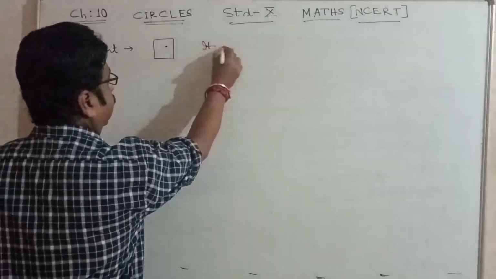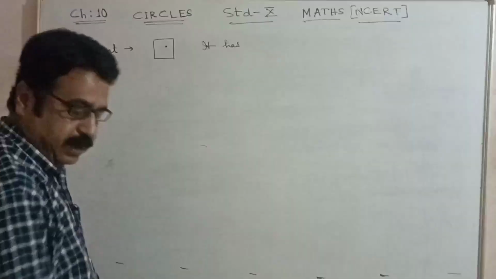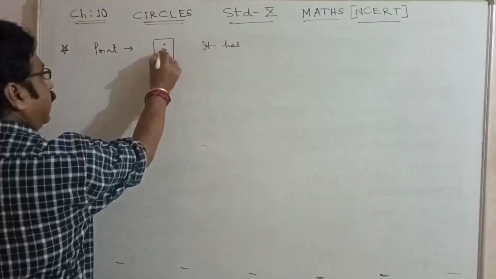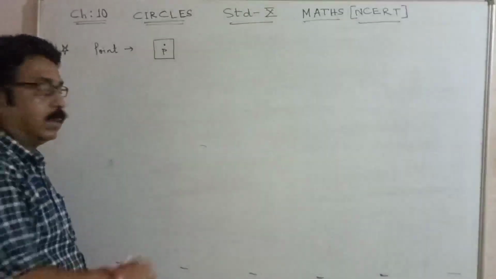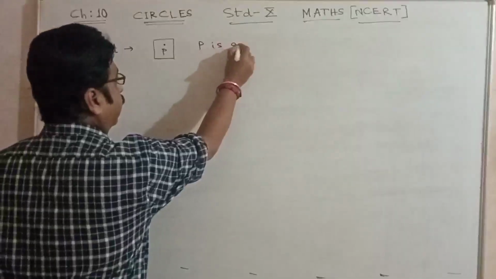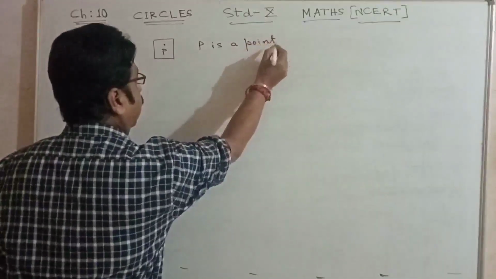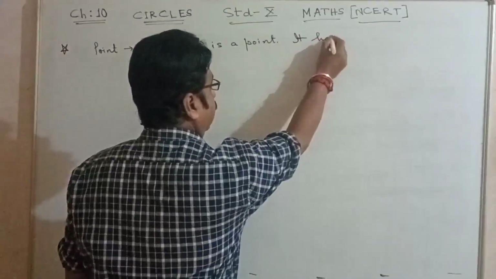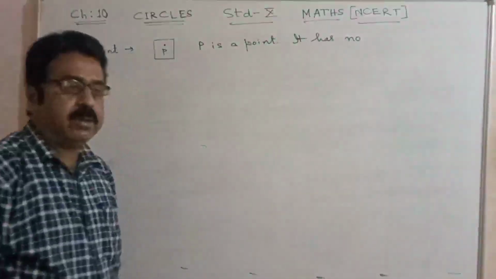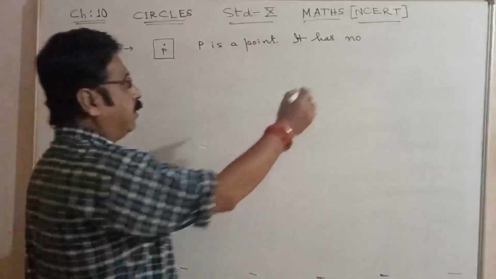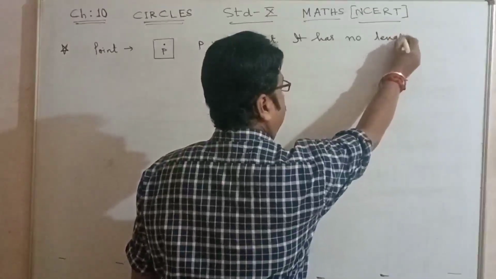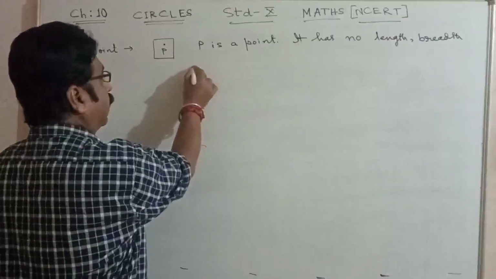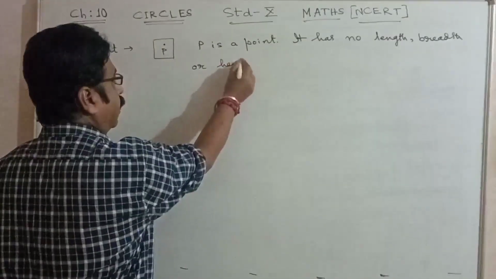Suppose we name this point P. P is a point. It has no length, no breadth or height.